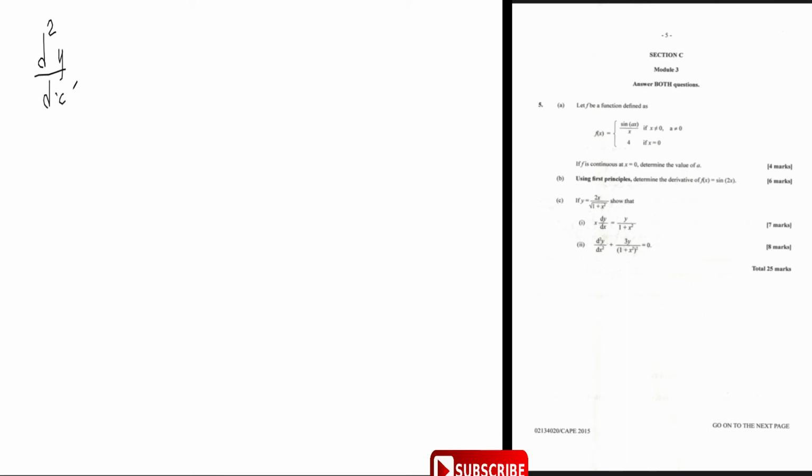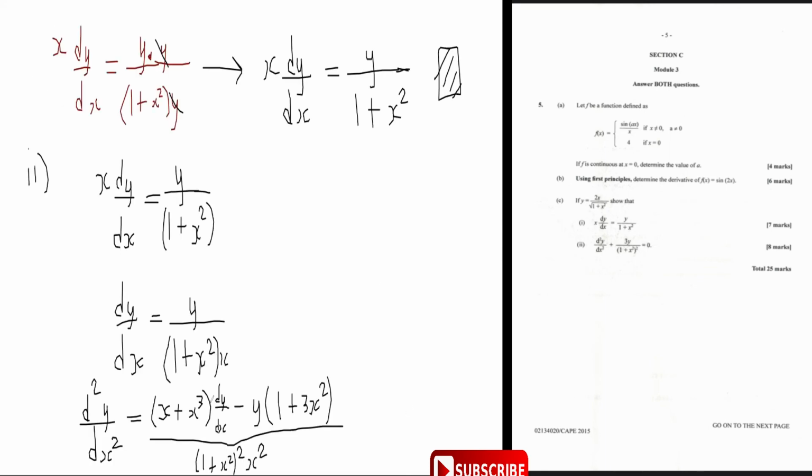So d2y by dx squared is equal to, now that I have this, x plus x cubed dy by dx minus y times 1 plus 3x squared, over this. I can go ahead now and simplify this.